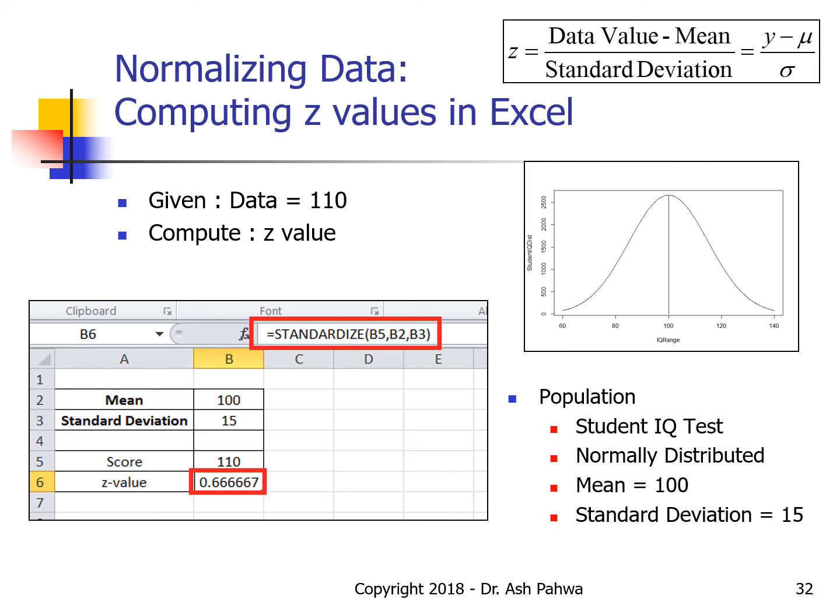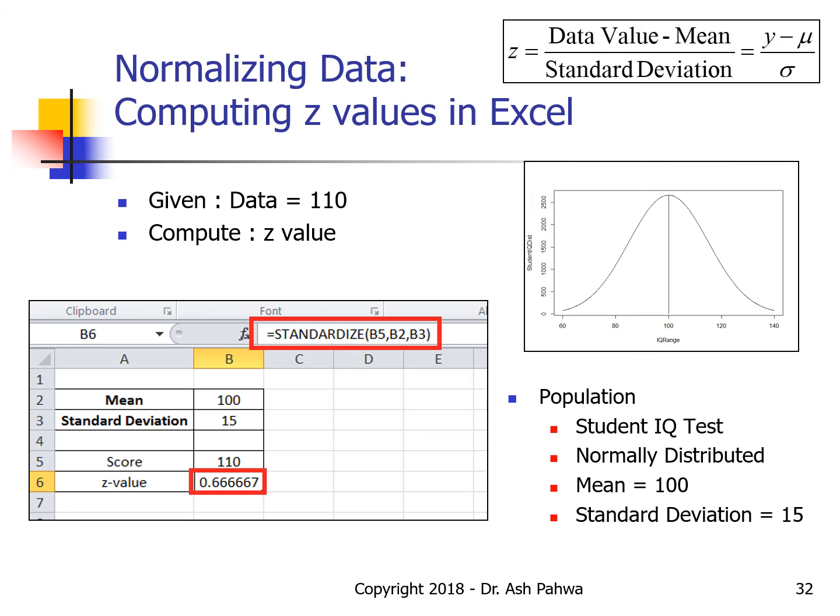So I'm going to show you now some formulas which are available in Excel to compute the z-values. This formula in Excel is called STANDARDIZE. In STANDARDIZE, first of all, we feed in the value for which we want to compute the z-value, then we feed in the mean and then the standard deviation. So let's take this curve that you're looking at on the right hand side. Here my data, let's assume, is 110, and I have to compute the z-value.